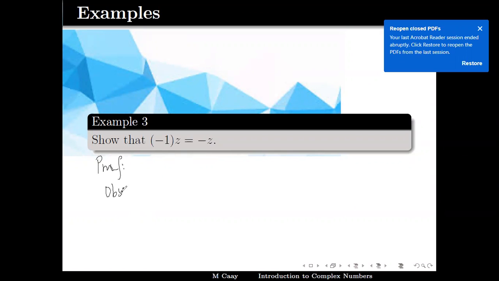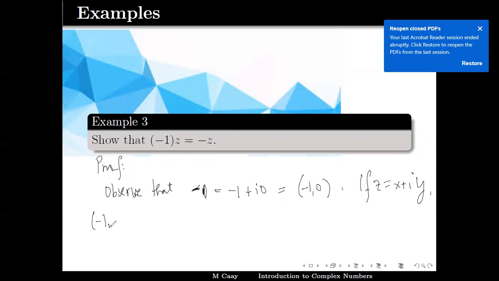Observe that -1, I can write as -1 plus i0, right? So I can have an ordered pair (-1, 0). If z is equal to x plus iy, I would have (-1, 0) times (x, y).